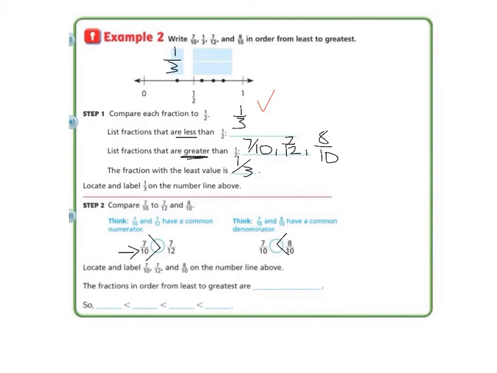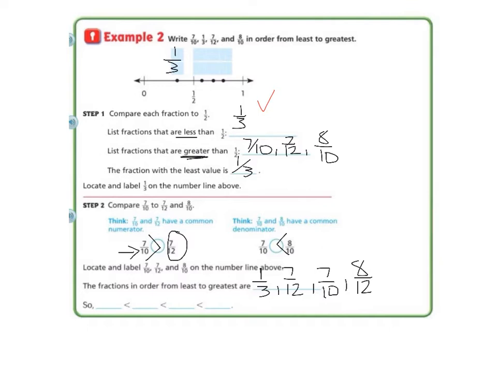So we know that 1/3 is the smallest number. Then we said 7/12 was smaller here, so our next number is 7/12. Then we looked at 7/10 and 8/10, and we said that 7/10 was less than 8/10, which is our last number.